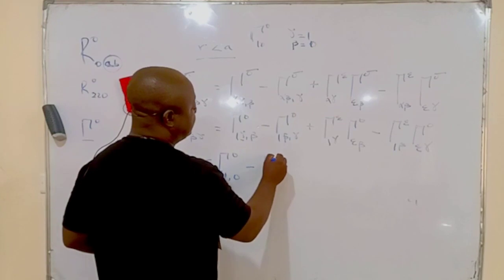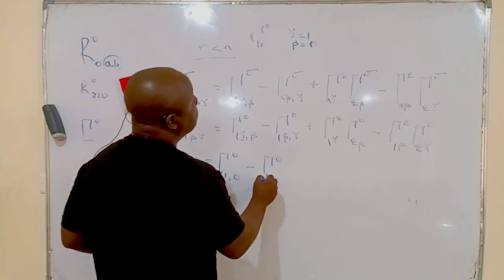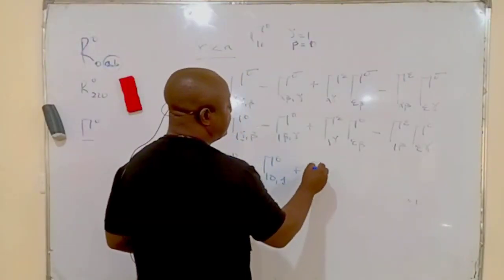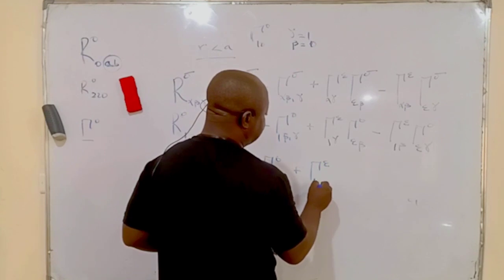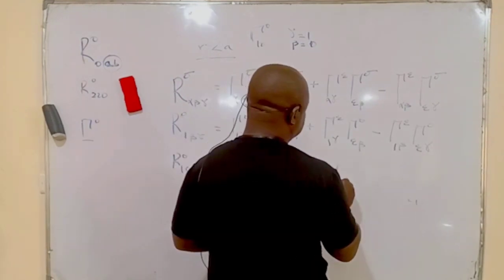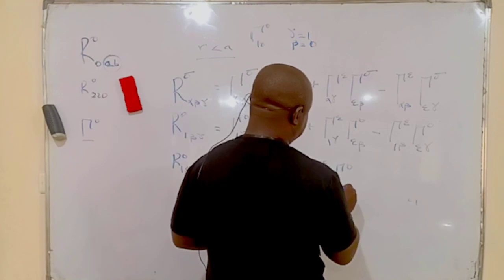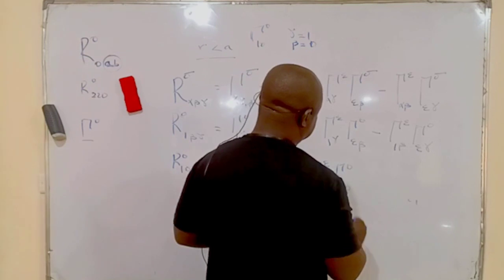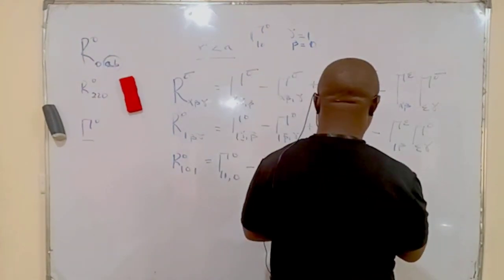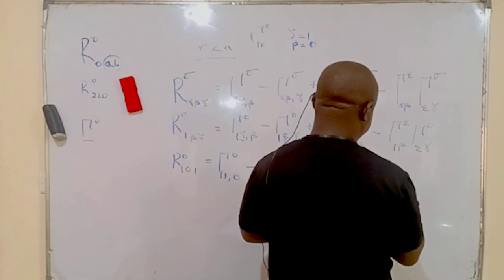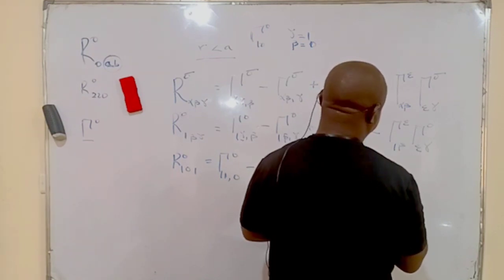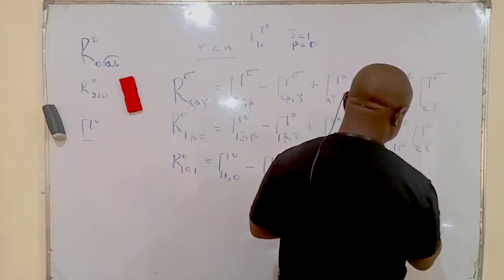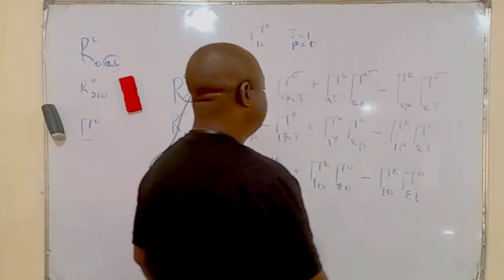Minus 0, 1, 0, comma 1 plus epsilon 1, 0, 0, epsilon, beta is 0. Okay, minus epsilon 1, 0. Then we have 0 epsilon gamma, which is 1. So we have this.